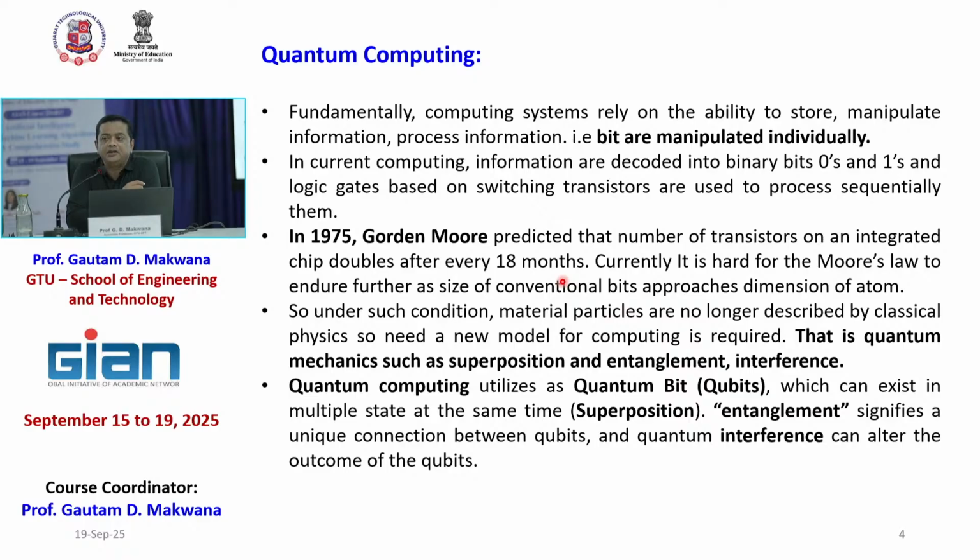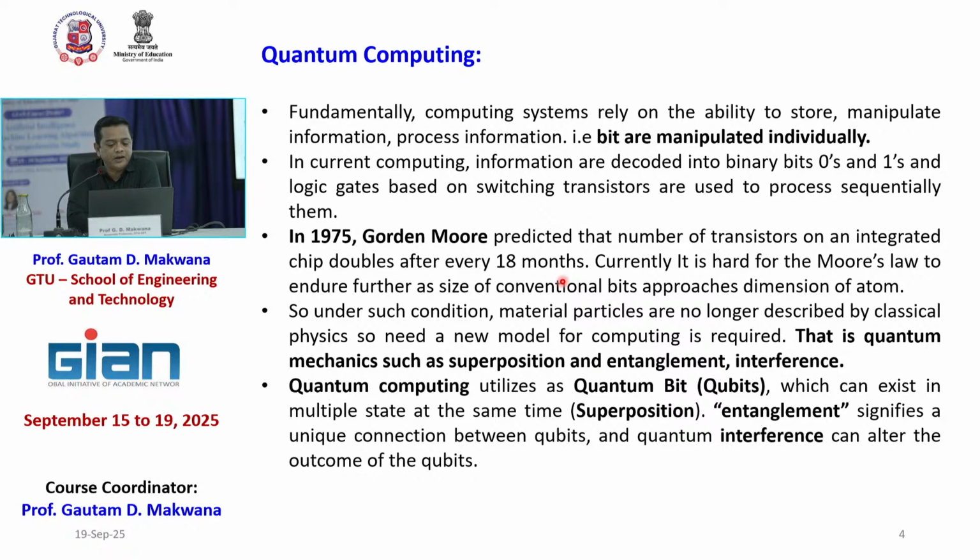So we need a new kind of physics, and that is quantum physics, which works on the atomic level of the photon and electron or neutrons.